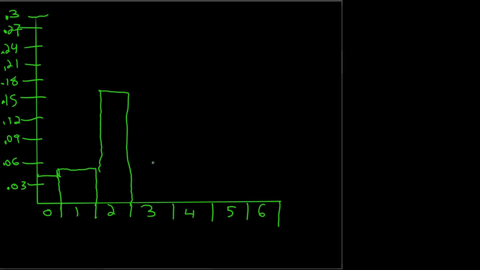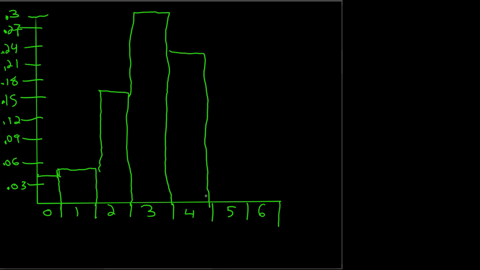For 3, I have 0.294, that's my highest one, just about here. For 4, I have 0.224, which is about here. For 5, I have 0.134, about here. And for 6, I have 0.090, which is right there. And that becomes my probability distribution.